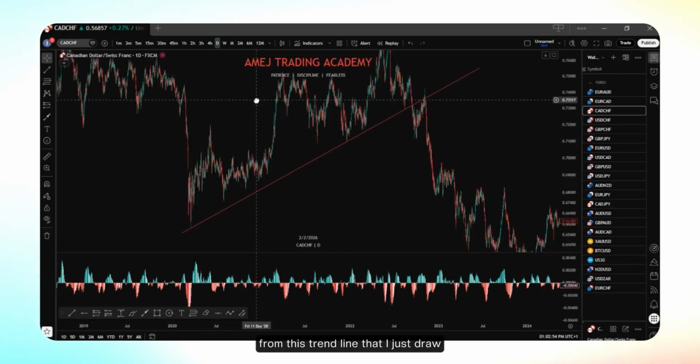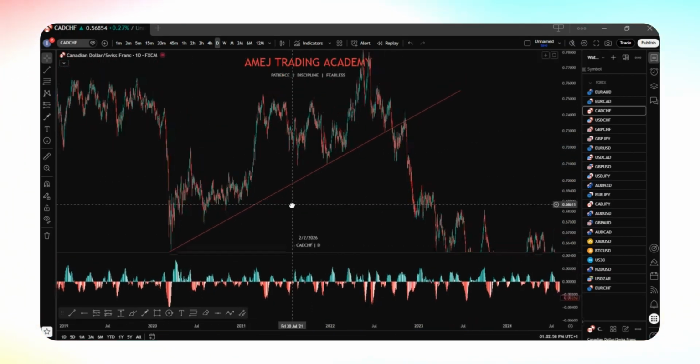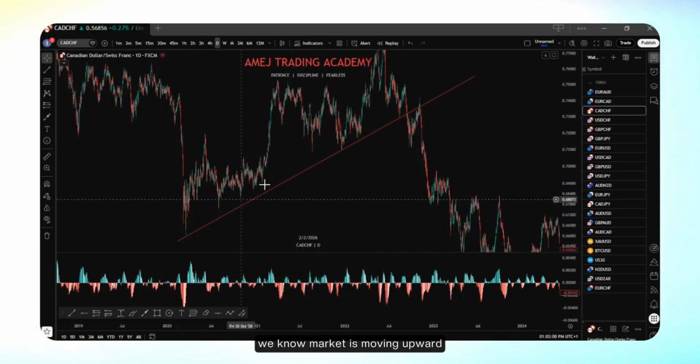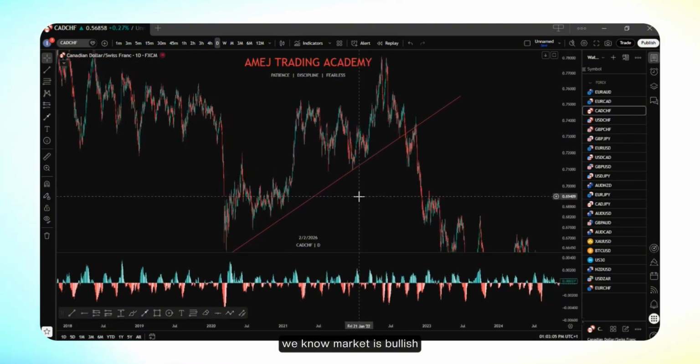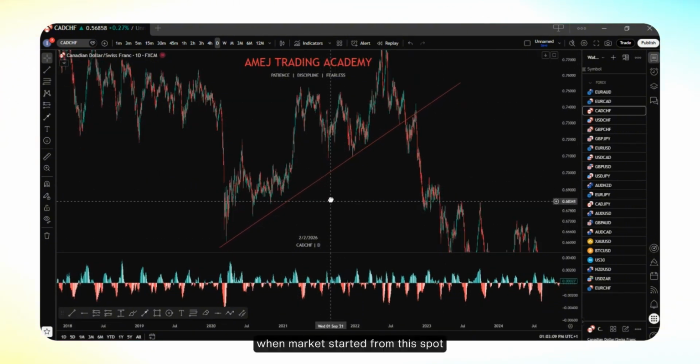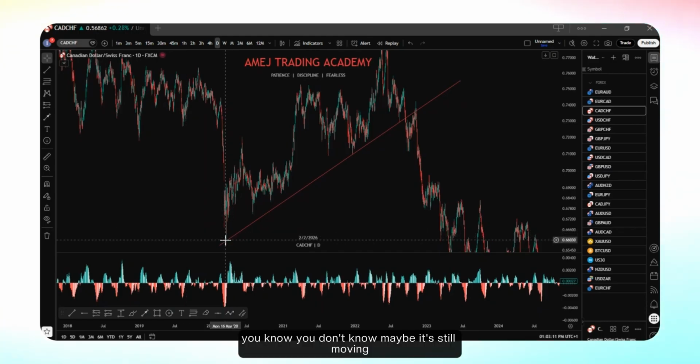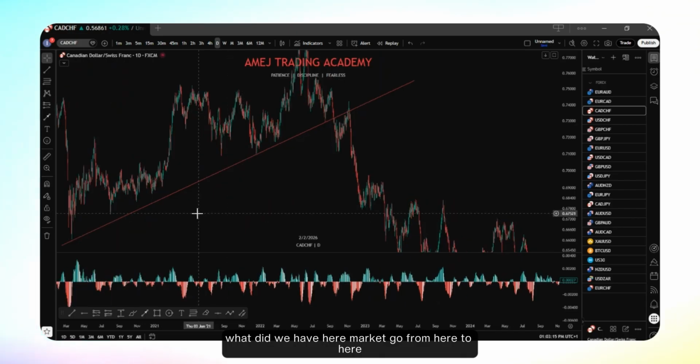From this trend line that I just drew, we see very clearly that the market is moving upward. We know the market is bullish, trending to this place. What did we have here?